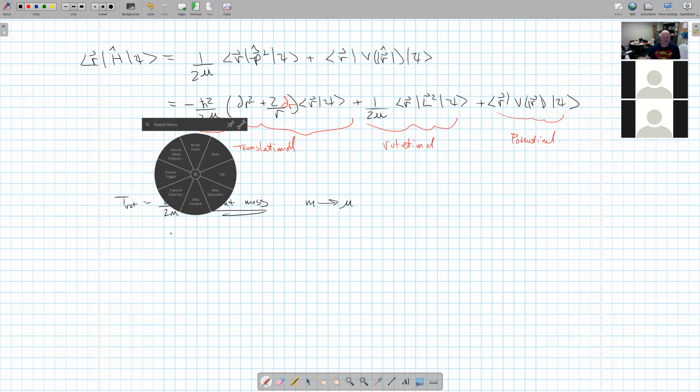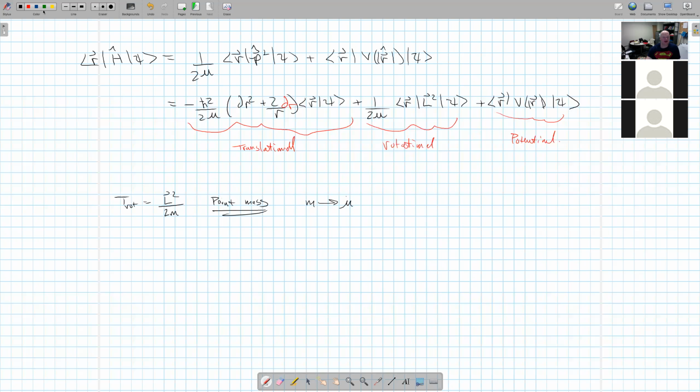So now that we've written that far, what we want to do is apply our simultaneous eigenstates. Here we take psi equal to R E L times Y L M, and plug that in for psi in all these different regions. L squared acting onto psi pulls out L times L plus 1 times h bar squared, and the position acts simply to pull out r. We also know that the Hamiltonian on the left-hand side acting onto the state pulls out the energy.